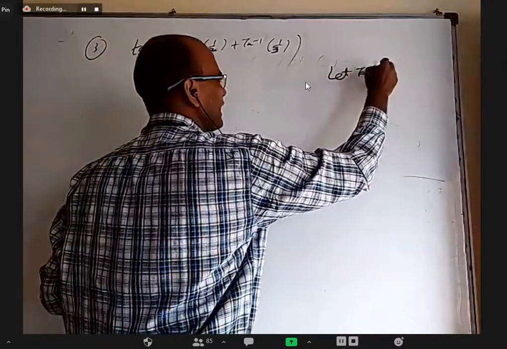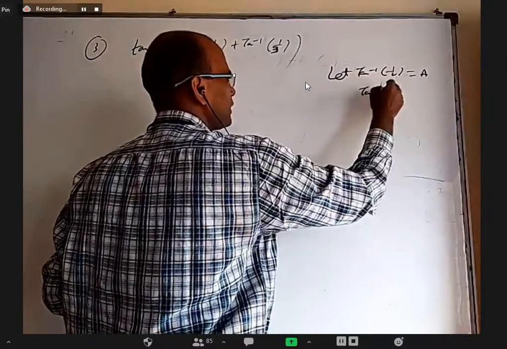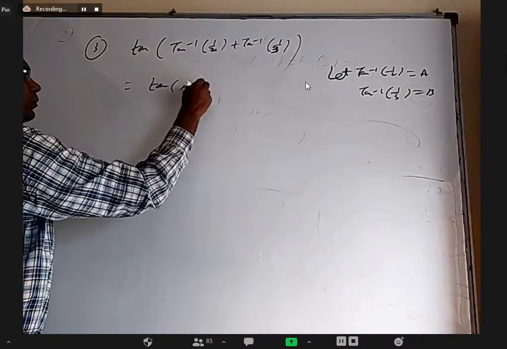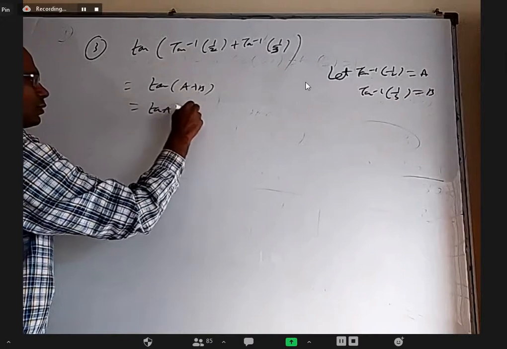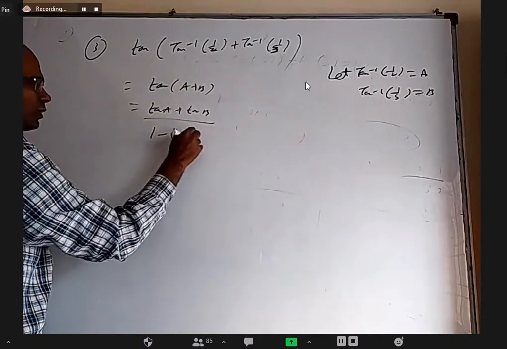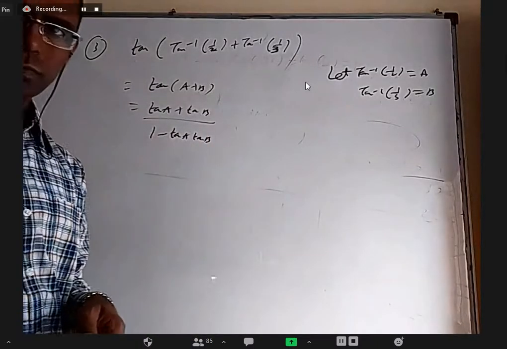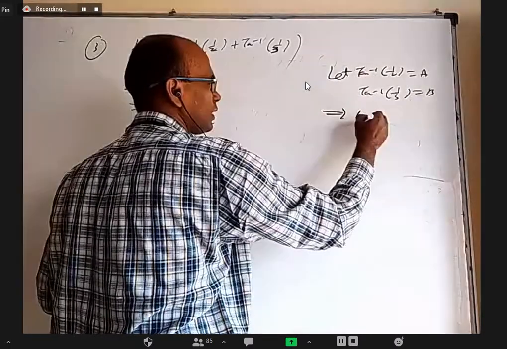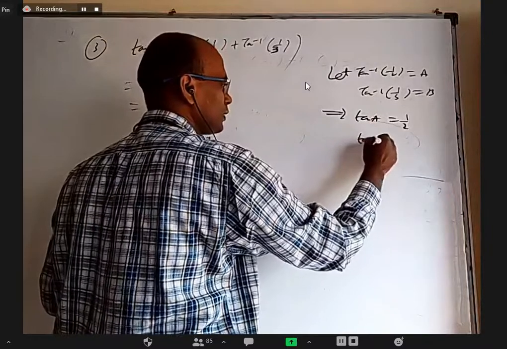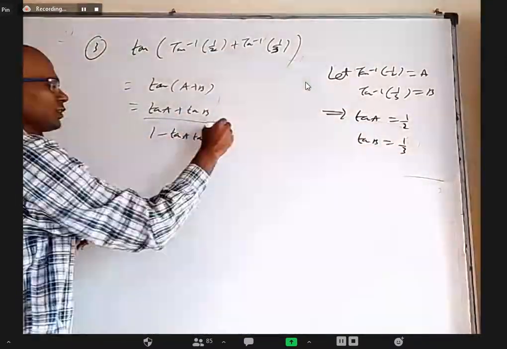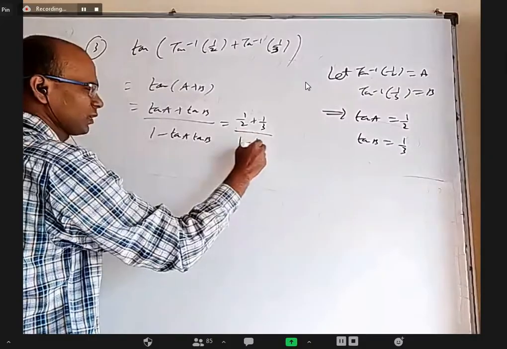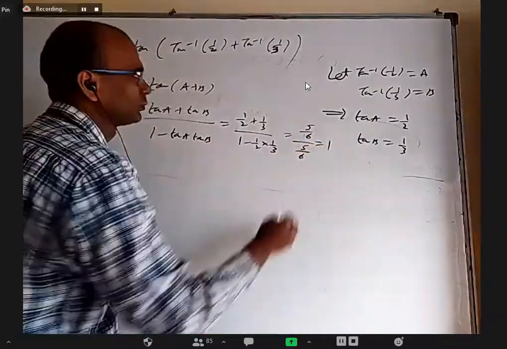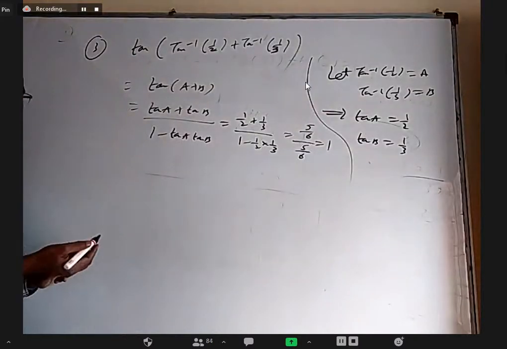Let tan inverse 1 by 2 be A and tan inverse 1 by 3 be B. The question is now tan of A plus B, which is tan A plus tan B by 1 minus tan A tan B. Tan A equals 1 by 2 and tan B equals 1 by 3. Substitute: 1 by 2 plus 1 by 3 is 5 by 6, and 1 minus 1 by 2 into 1 by 3 is also 5 by 6. So it will be 1.